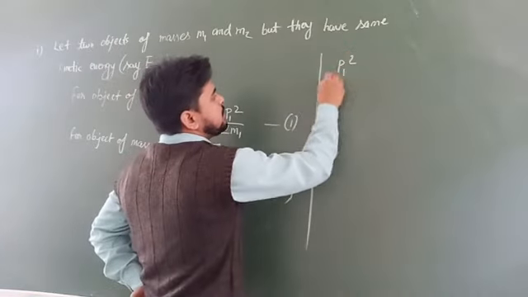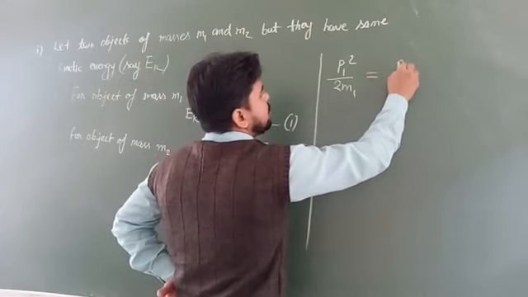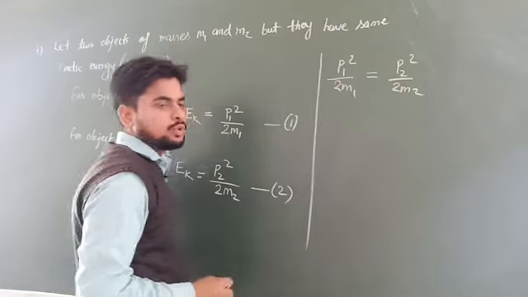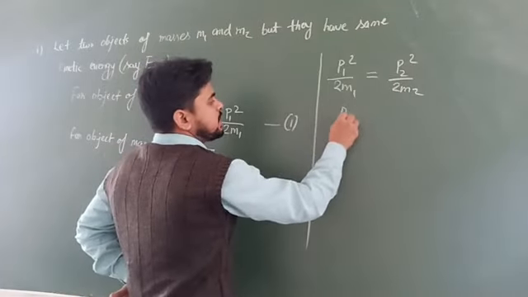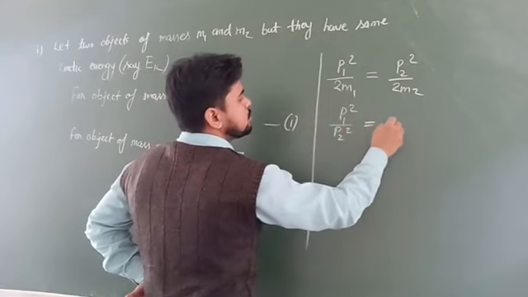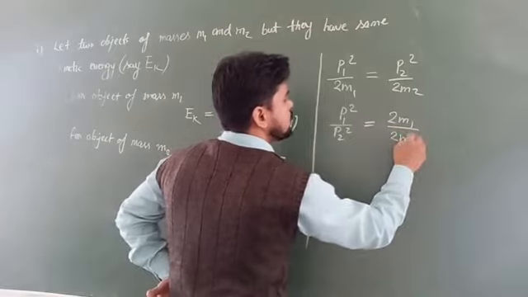So let us equate. Then what can we write? p1 square divided by 2m1 equals p2 square divided by 2m2. Again we can rearrange it as p1 square divided by p2 square equals 2m1 divided by 2m2.